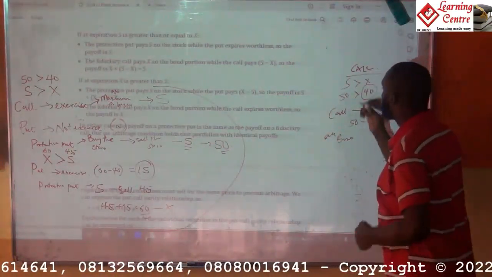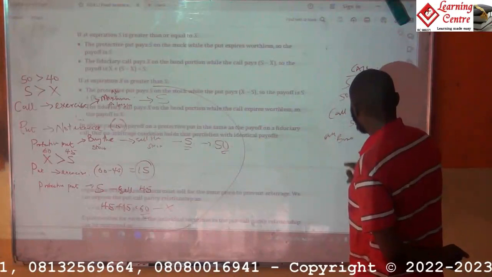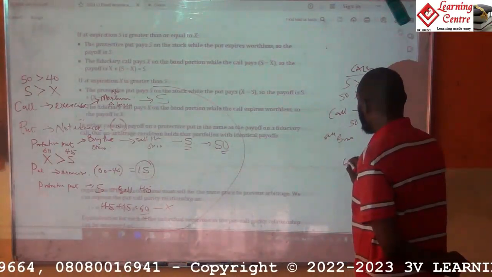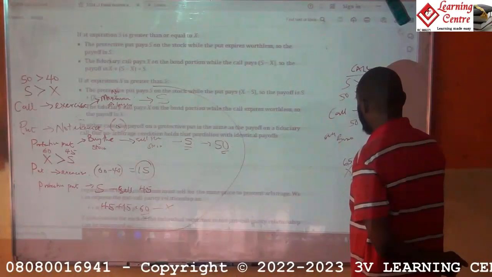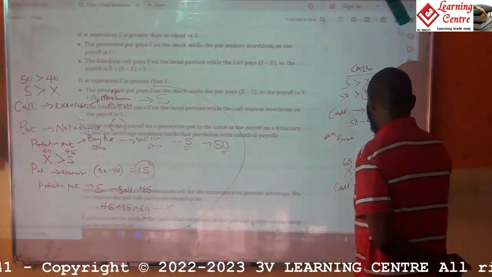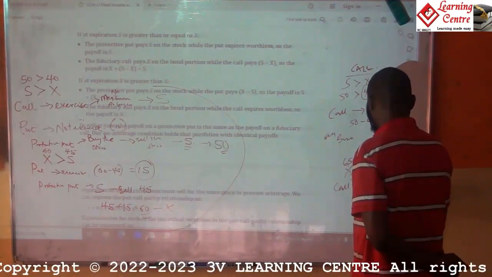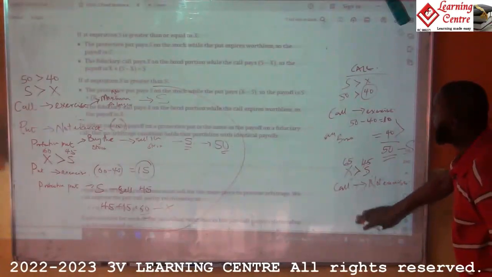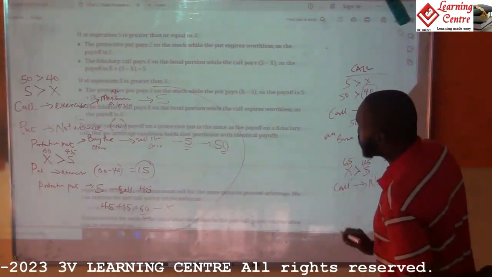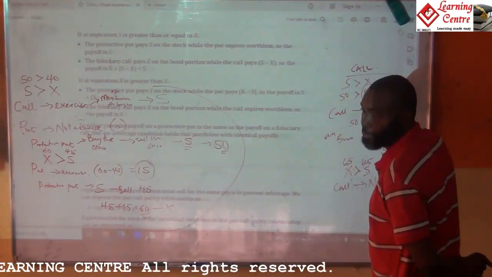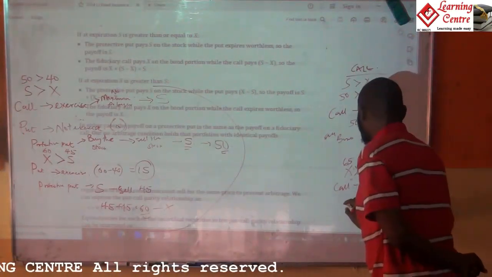Now, the other way around, X is greater than S. So let's say 65 and 45. So what do I do here? Will I exercise? No, not exercise. Because I will not exercise here, what now happens? Remember, I have a bond that I bought at 40.